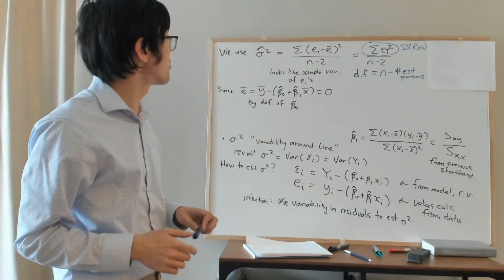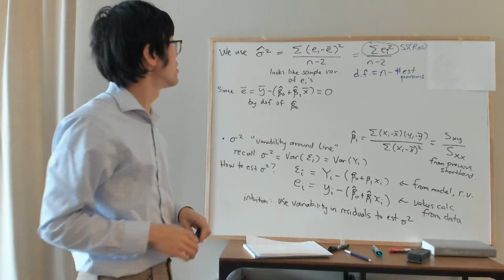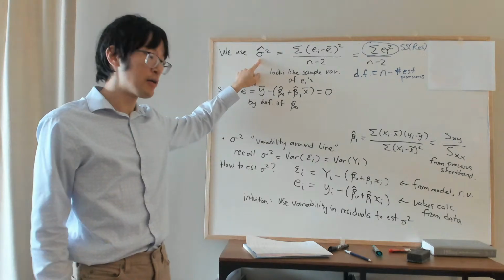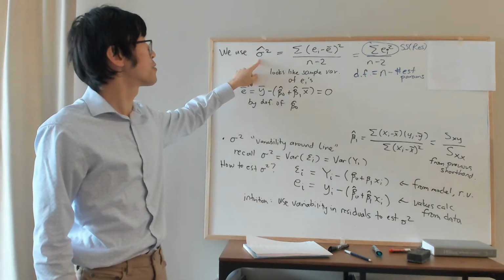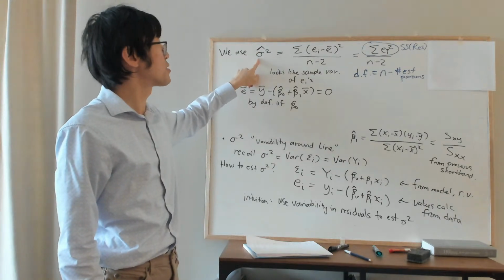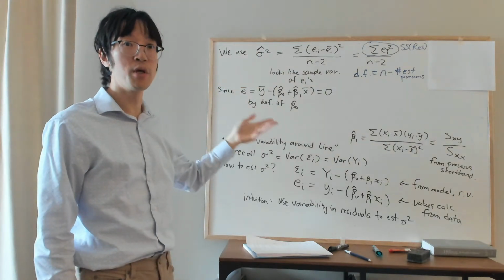The other one, which I think is probably more intuitive, is to ask, what happens if we think of sigma squared hat as a random variable? We're going to do that with beta 1 hat in just a second. If you think of this as a random variable, it would have a mean and a variance.